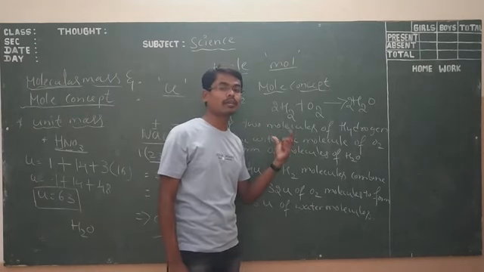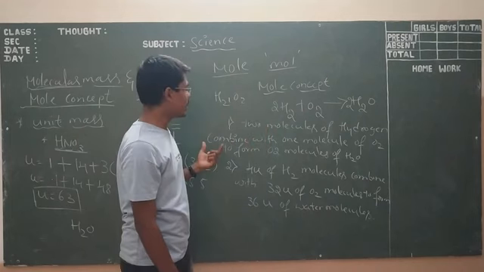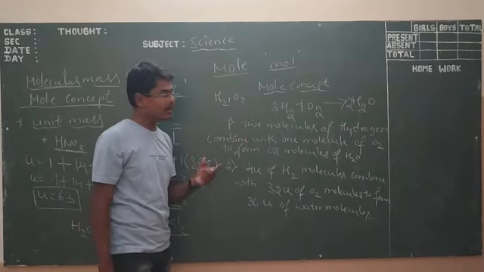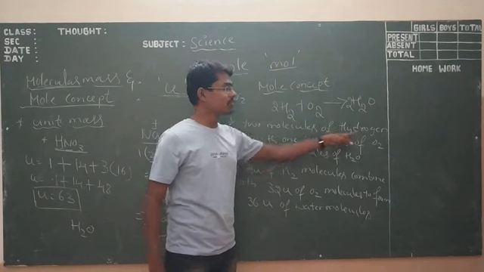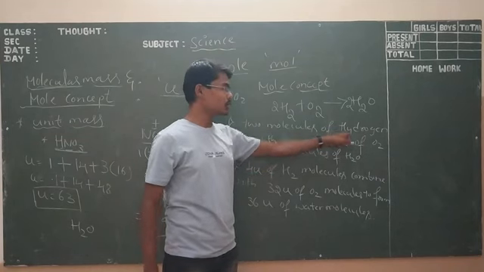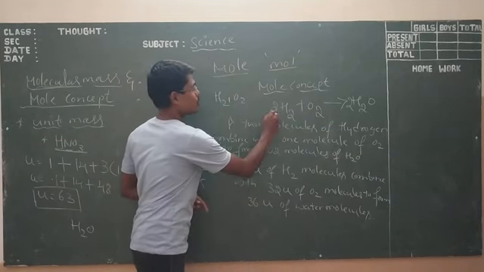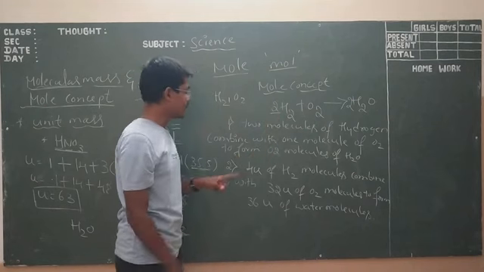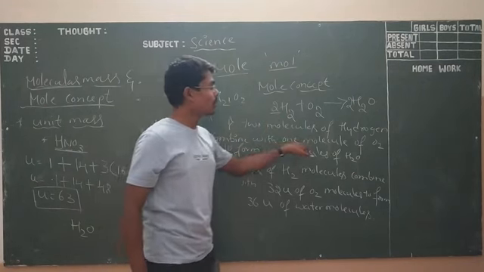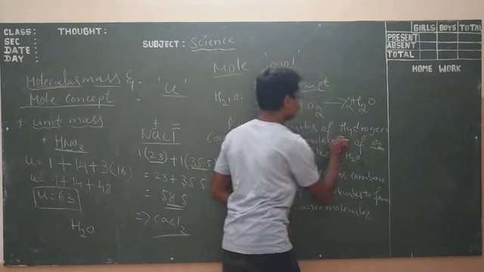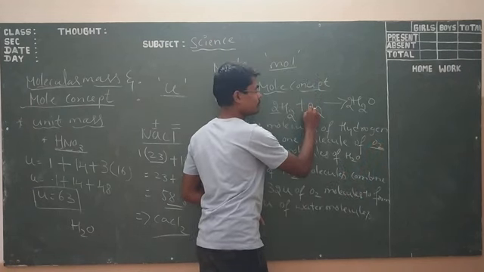Now we are going to understand what a mole is. Look here, I have written some points. Two molecules of hydrogen. What did I say? Two molecules of hydrogen, because here two molecules are present. Then combine with one molecule of oxygen. Here only one.